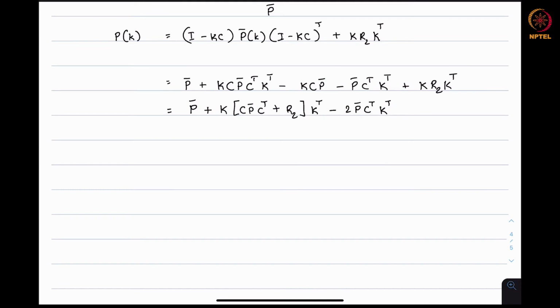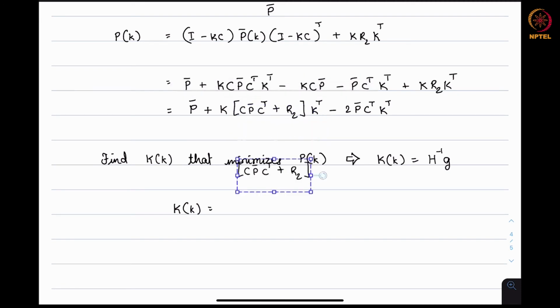Based on that, if you want to minimize, K is nothing but H inverse G. So therefore K is nothing but, now this is the Hessian, this is the gradient, and this is our result for the Kalman filter. So this is the Kalman gain.